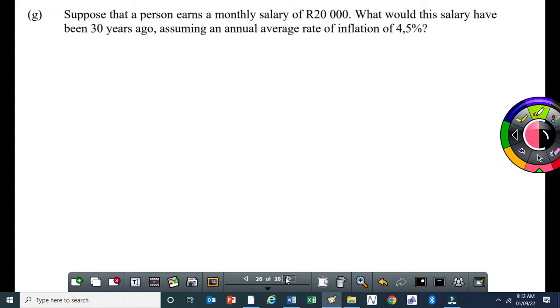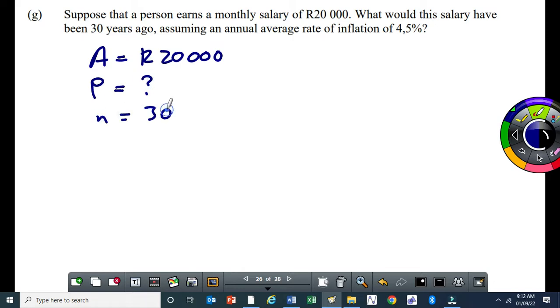Here our future value A is given, which is 20,000. P is unknown. Then our N is 30 years, and our rate of inflation is 4.5%, which is 0.045.